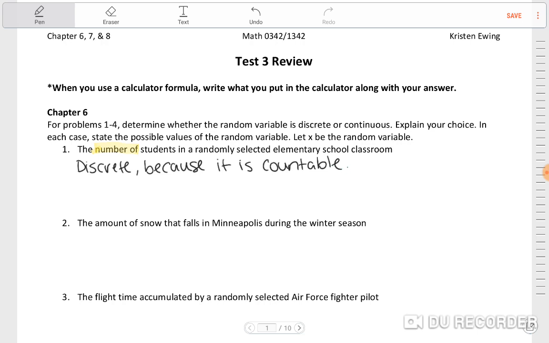And then for the variables, the smallest number this could be would be 0. It could be 0 kids in a classroom. There could be 1, there could be 2, and so on.